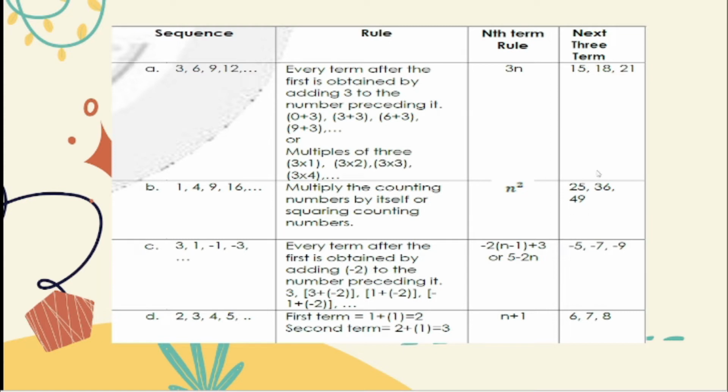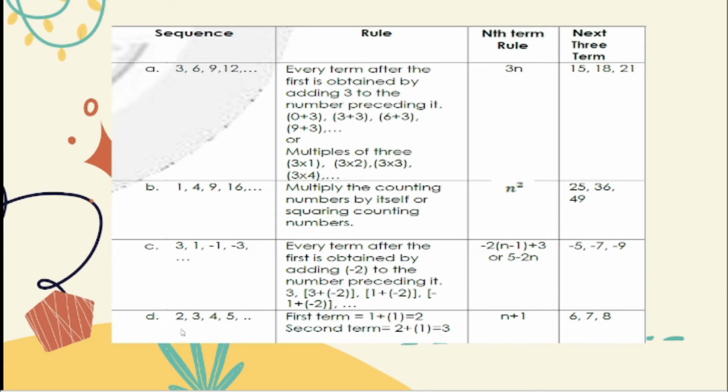To get the next 3 terms, you can add negative 2 to negative 3. So, it will become negative 5, and negative 5 plus negative 2 gives negative 7, and negative 7 plus negative 2, the answer is negative 9.